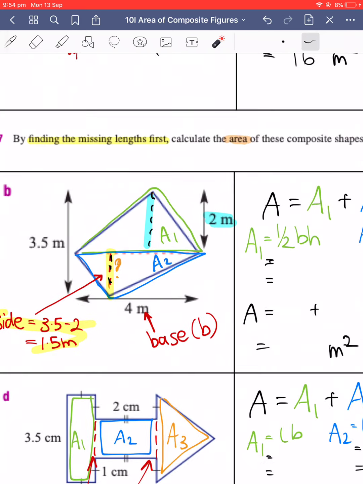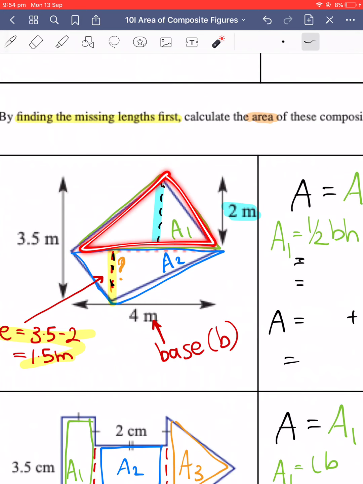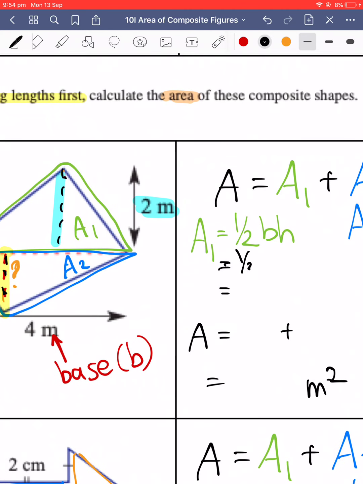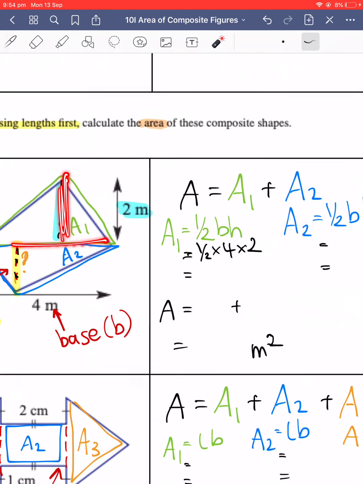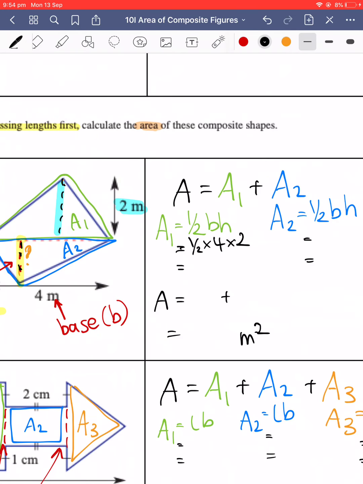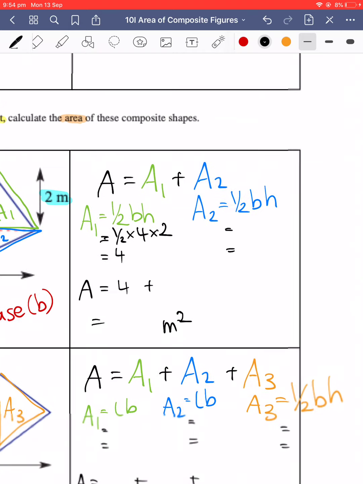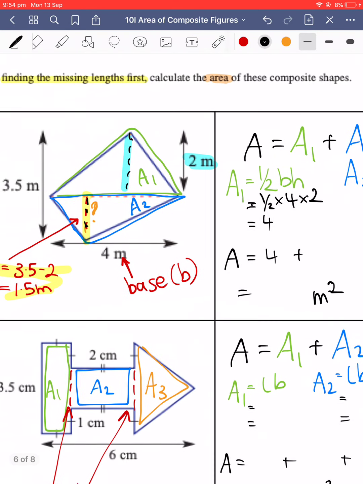So let's plug it in. I've got this first triangle here. This one's going to be my base. So my base, let's substitute it in. So we've got half multiplied by 4 multiplied by my height for this one, which is 2. So my base of 4 and my height of 2. So half times 4 times 2 gives me 4. And then my next one, half times base times height.